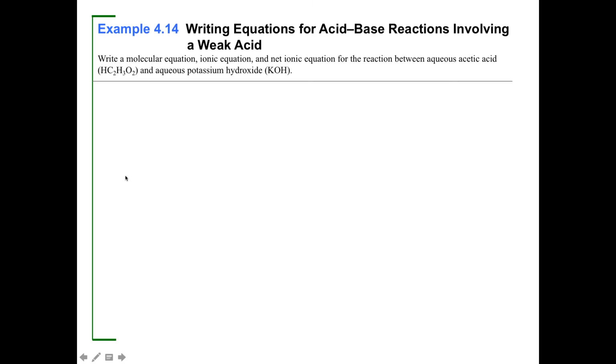Write equations for acid-base reactions involving a weak acid. All right, well, I haven't said much about weak acid. Let me say now that I'm going to try to be fast about this. A weak acid is something that, yeah, I don't think we even need to really differentiate between a weak acid and a strong acid for this problem.